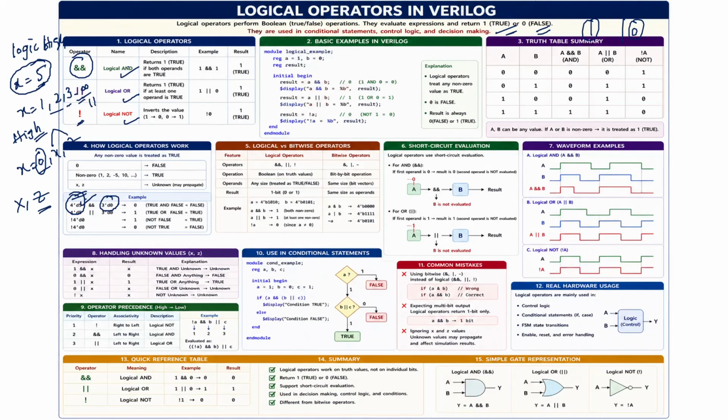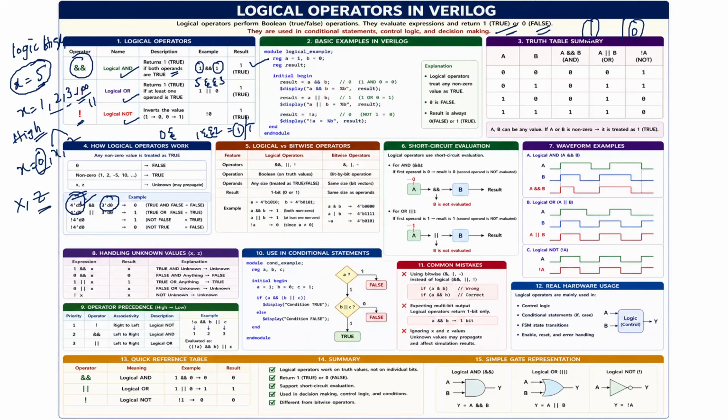Logical AND means only if both operands are true will I get the value true. Here 1 is a high value, that is true, and 5 and 3 are also true, or 1 and 2 are also true. In this case we get only a true value. If any value is low, that means 0, then you get 0 only.